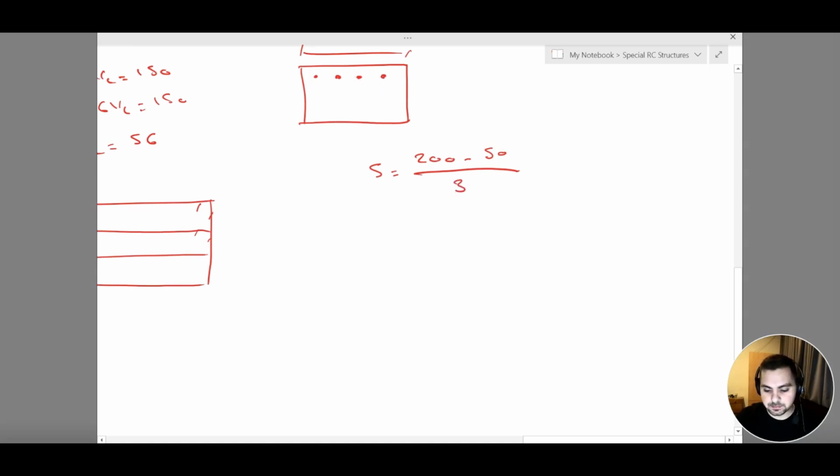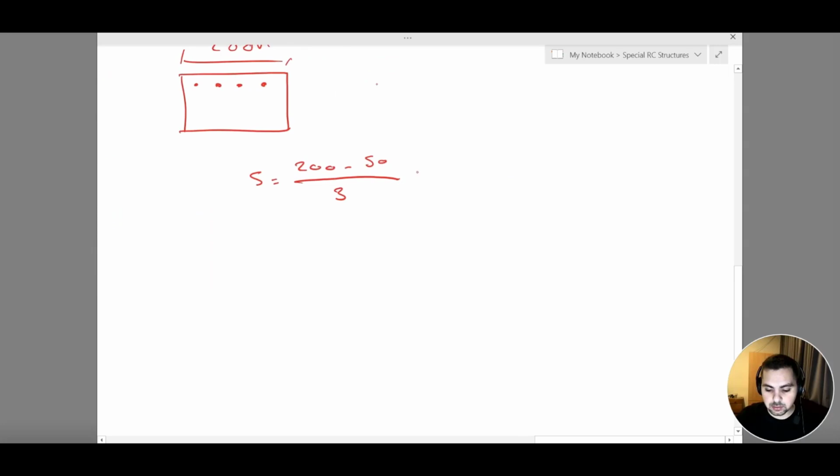So 3, which is going to give me a value of 150 over 3, which is 50 millimeters. Now 50 millimeters or 5 centimeters is an adequate number. It's good, it's not bad.